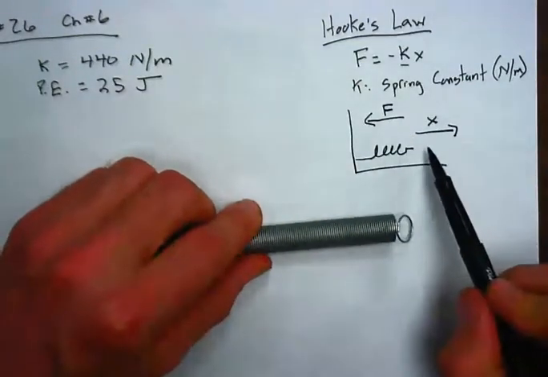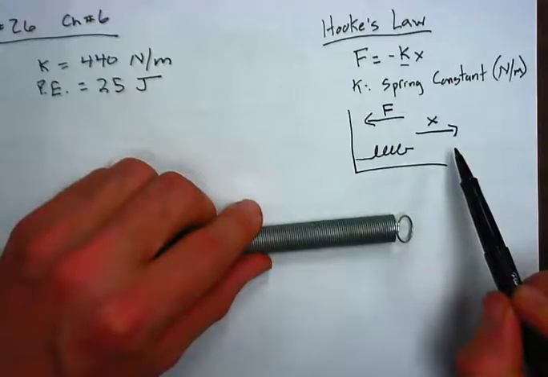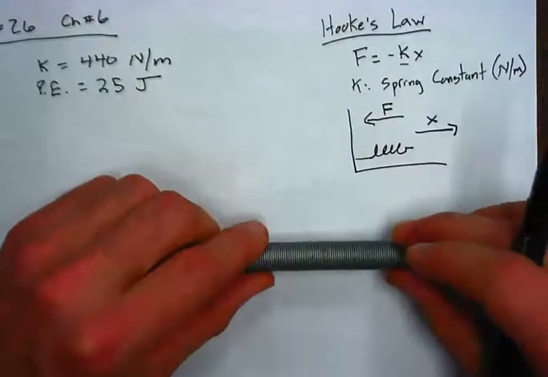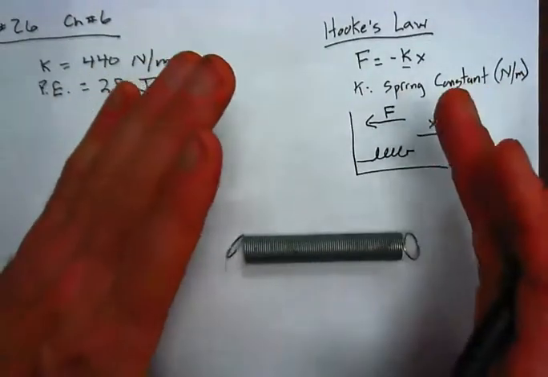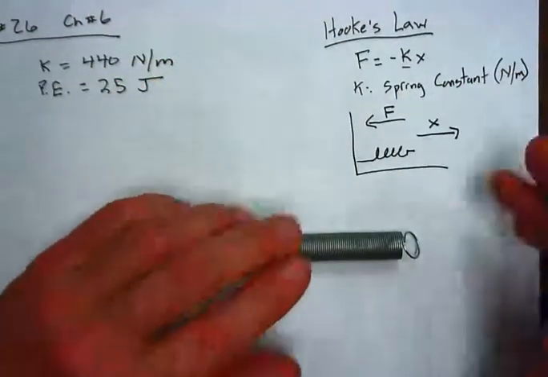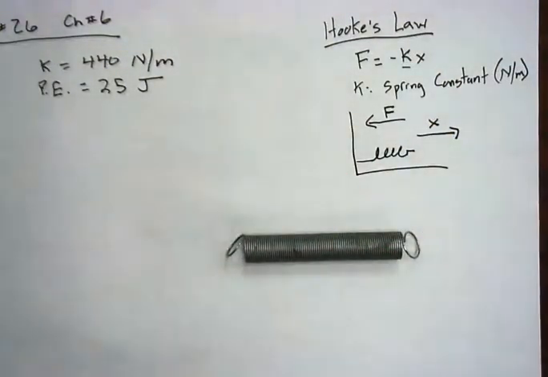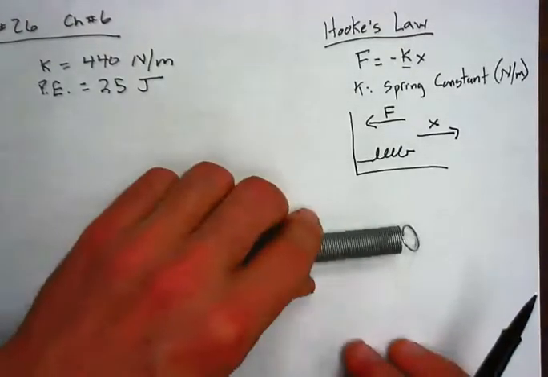So the displacement is in the opposite direction to the force being exerted. Likewise, if you have a spring on your mattress or on a car, when you compress those springs, they push back the other way. So that's springs. Twice as much force is needed to stretch a spring twice as far.